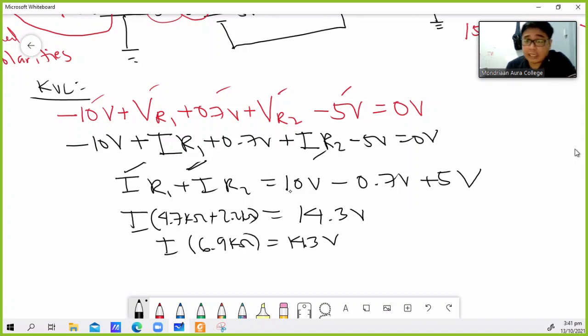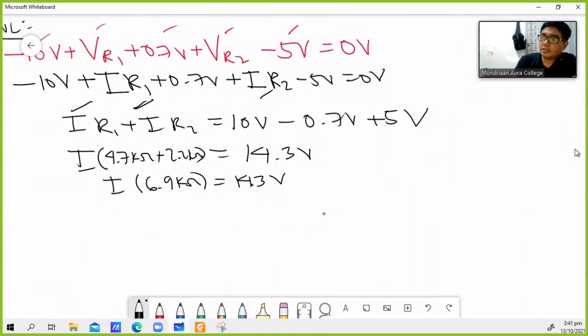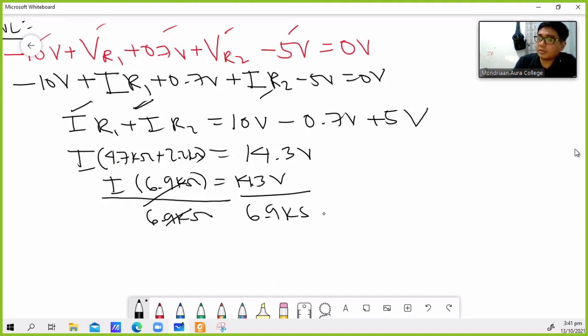So dito makukuha na natin yung kuryente. Okay. So divide both sides by 6.9 kilo ohms para matira na lang yung kuryente na letter I. So I, solve natin. 14.3 divided by 6.9.